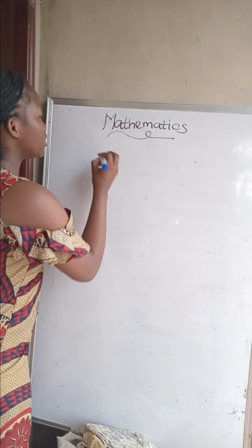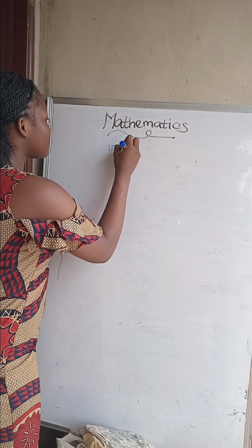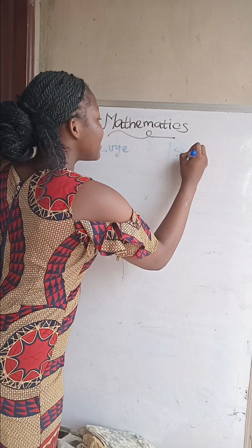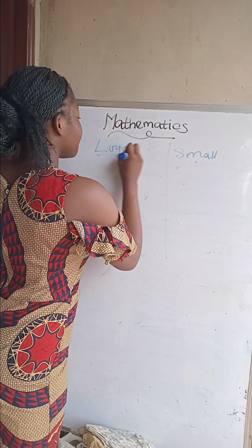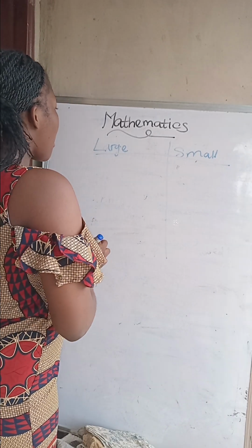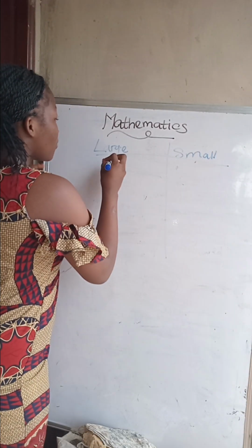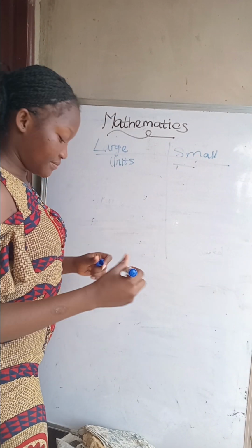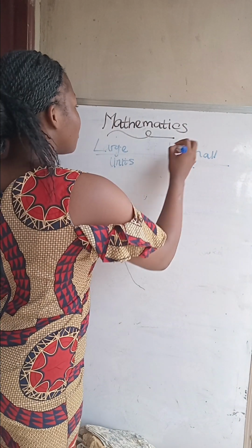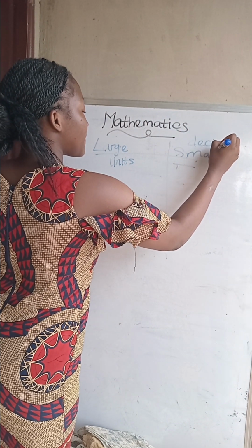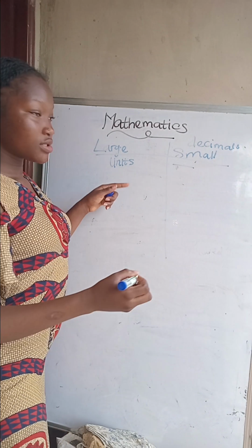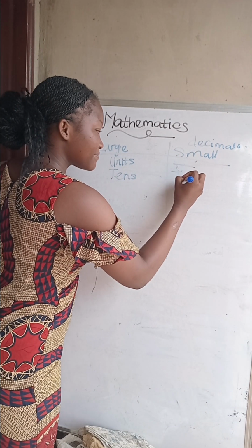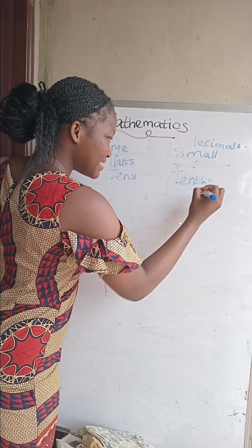Now let me draw a table for large numbers and small numbers. For large numbers, we have units. No units in small numbers. Small numbers are decimals. Let me just write decimals. No units in decimals. We have tens in large numbers, but we have tenths in small numbers.